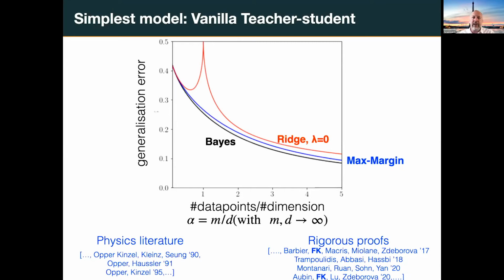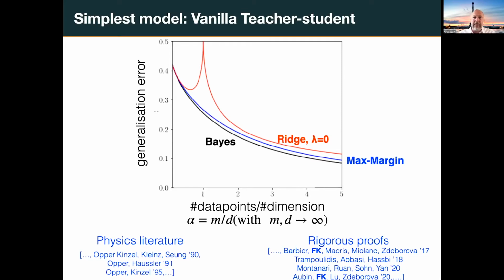All right, let me just present the kind of results that were obtained at the beginning of the 90s. For the setting I just described, you can compute the generalization error if you try to apply different fitting procedures. For instance, the black curve here tells you the generalization error if you use Bayes formula. This is, of course, the best we can do, even though most of the time it's not computationally feasible.